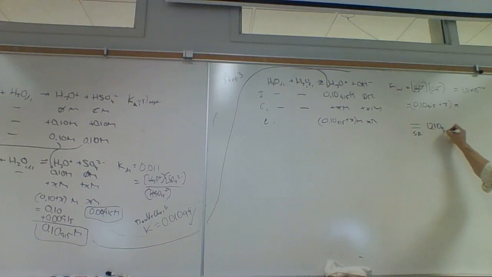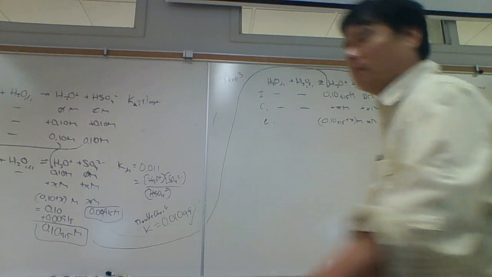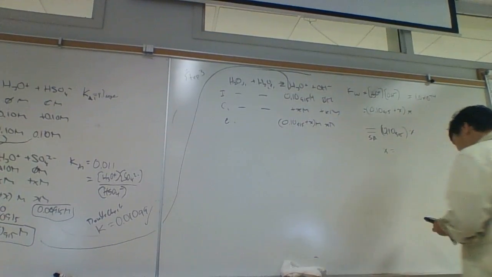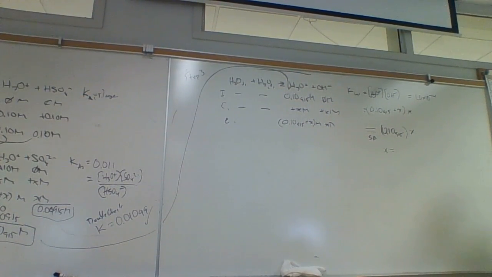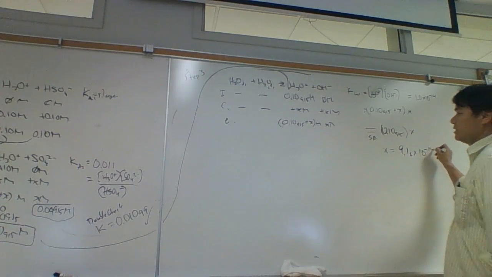So this is going to be 0.10915 plus X, which will just give us 0.10915 times X. And so X is equal to 1 times 10 to the minus 14 divided by 0.10915. And so I get 9.16 times 10 to the minus 14.